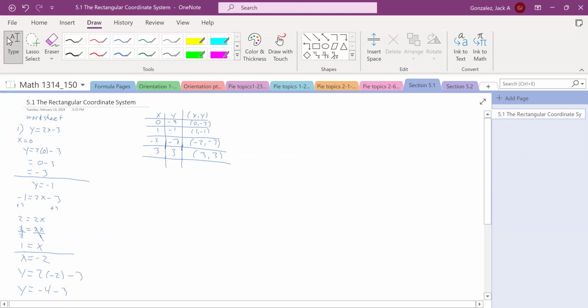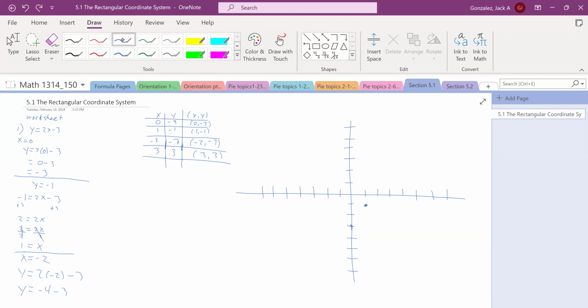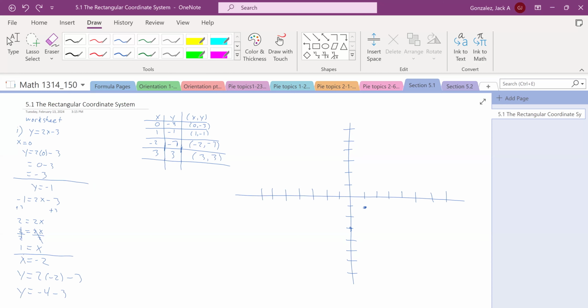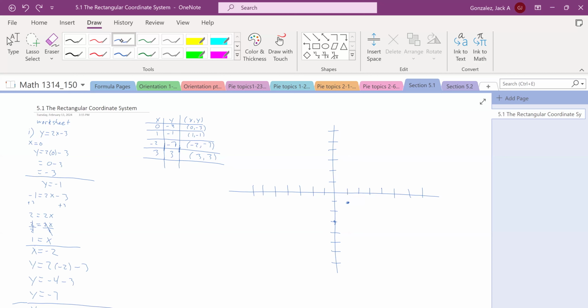Draw your little grid best you can. 0, -3. 1, -1. -2, -7. Three, 3. 1, 2, 3, up 3.